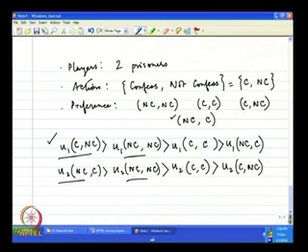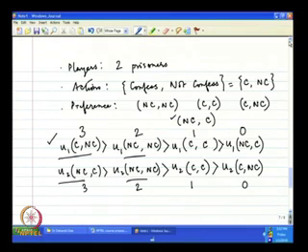So the numerical values that we shall choose will be the simplest possible to deal with, and the simplest possible I can choose is 0, 1, 2, 3. Whole numbers are easier to deal with and easier to understand also. Whole numbers and positive numbers, 0, 1, 2, 3. So here also this is 3, 2, 1, 0. 3 is greater than 2, 2 is greater than 1, 1 is greater than 0. So this is how the preference looks like.